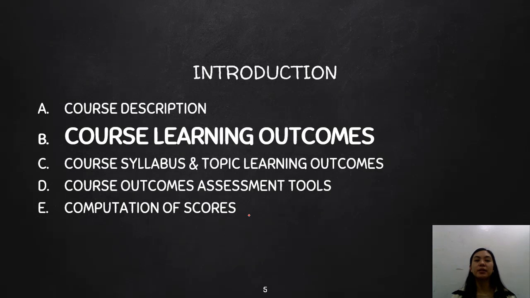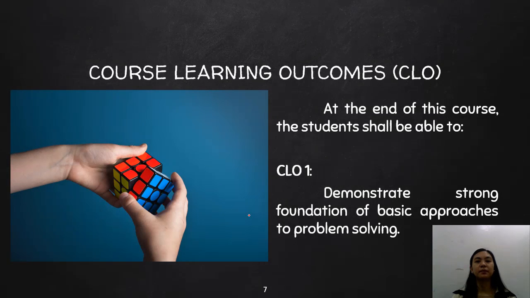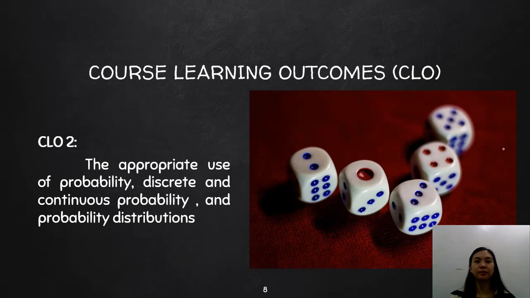So let's go now to your CLO, or your course learning outcomes. It says here, at the end of this course, the students shall be able to, or these are the things that you would need to achieve at the end of this course in order for you to pass. The very first one is demonstrate strong foundation of basic approaches to problem solving.